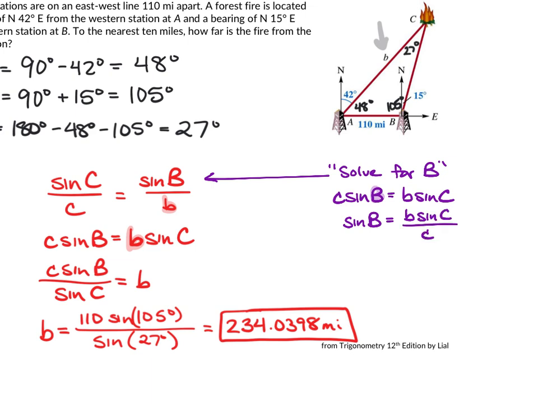Now, B is already not by itself. It's tucked into a sine. How do we get an angle out of a trig function? Inverse. So if I was actually looking for angle B, I'd have to take the inverse sine of all of this stuff. Once I have what I'm looking for isolated, that's when I can shove it all in a calculator. So I'm not sure if your homework questions are going to ask you for these.